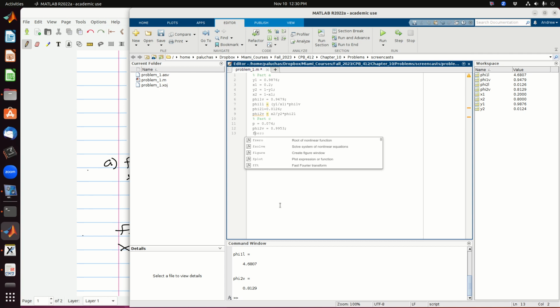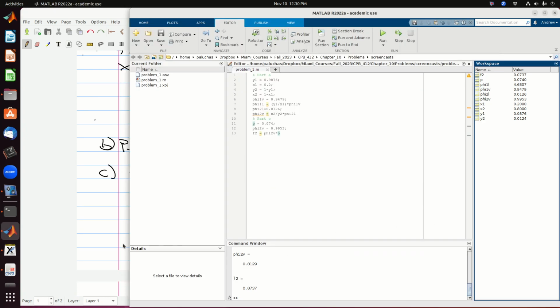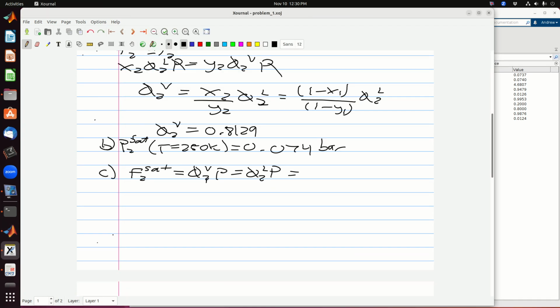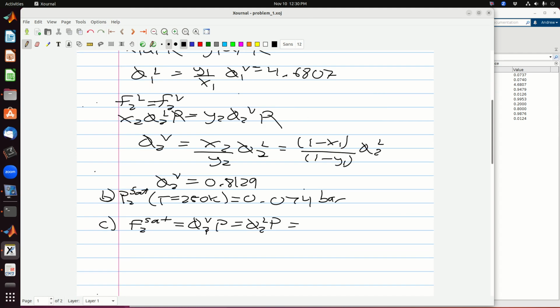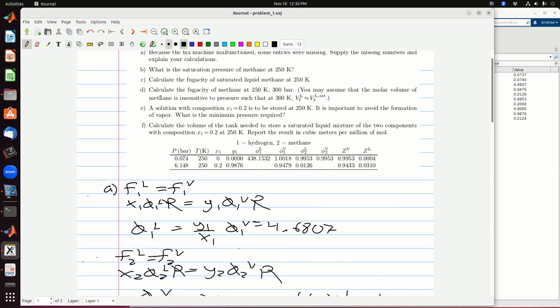So F2 is going to be equal to phi2 vapor times P. So my fugacity would be 0.0737 bars. Okay, cool. So that gives me the fugacity.